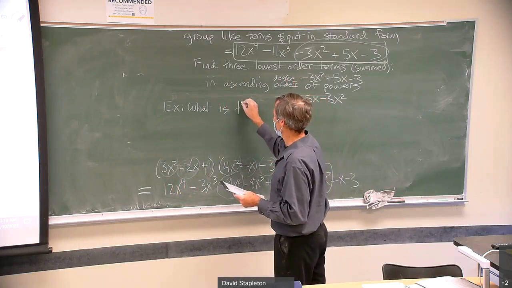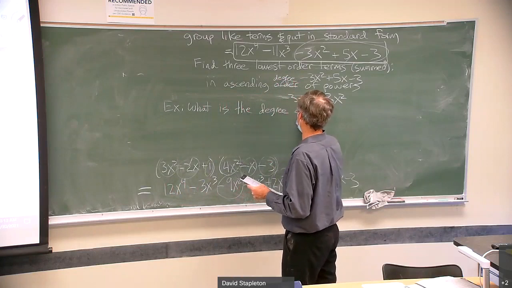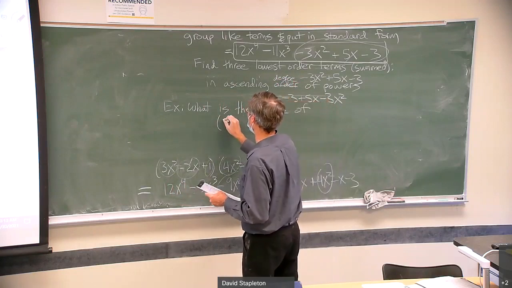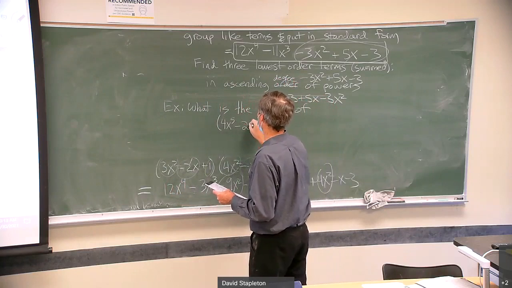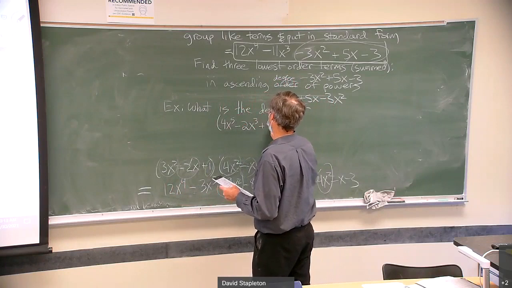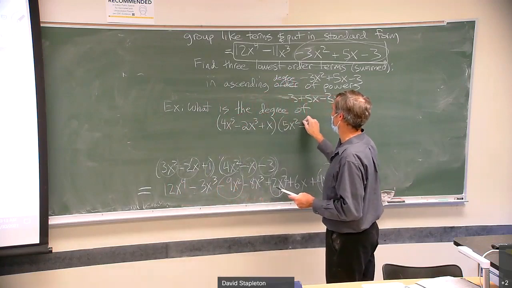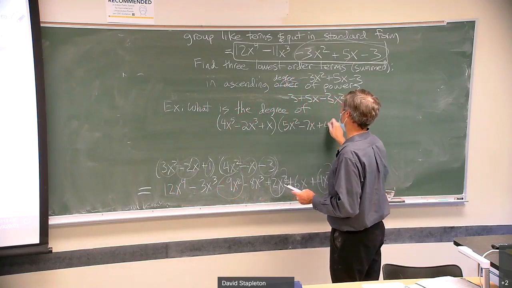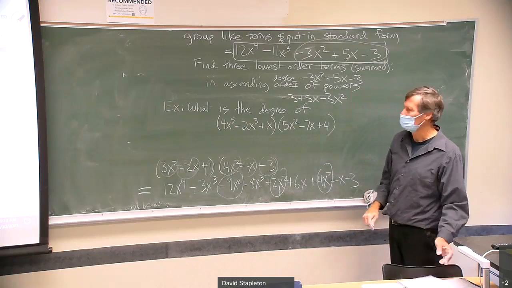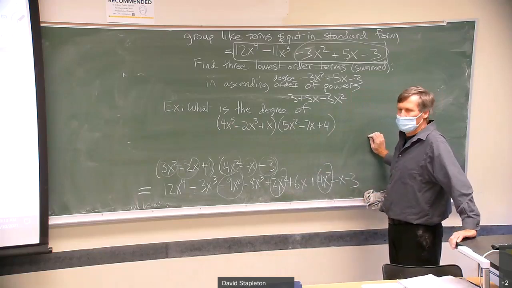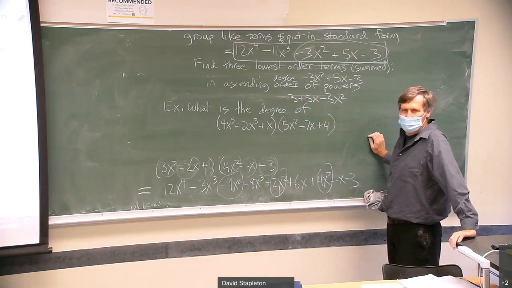What is the degree, without multiplying it out, of these two polynomials multiplied together? 4x to the 5th minus 2x cubed plus x, times 5x squared minus 7x plus 4. How about that? What's the degree of that one?